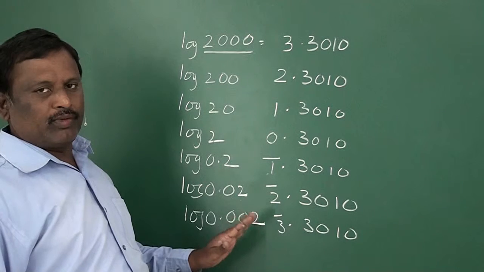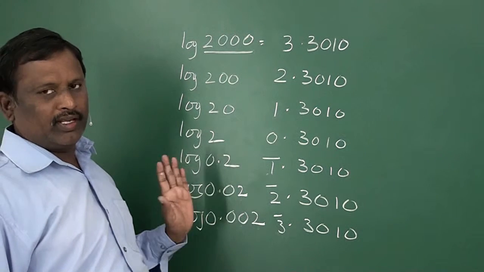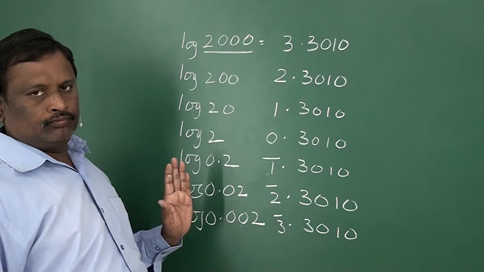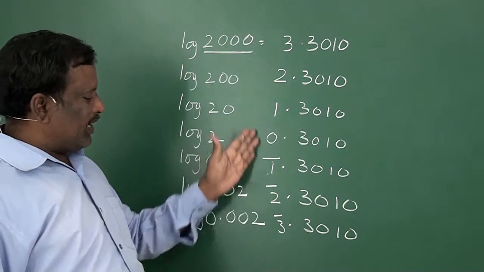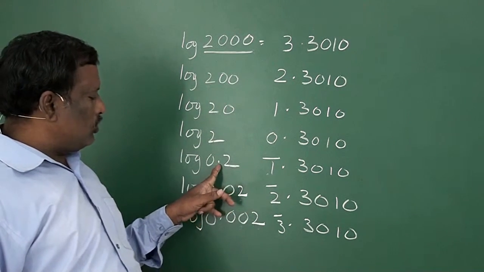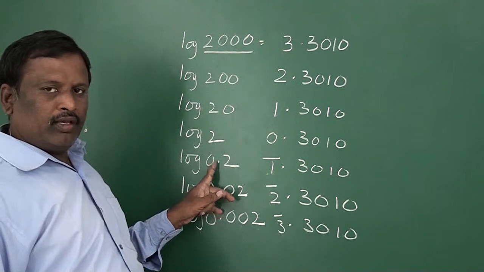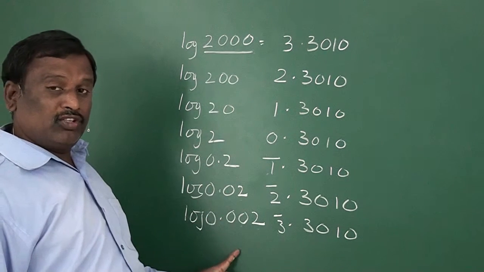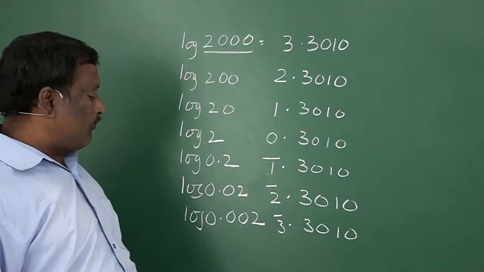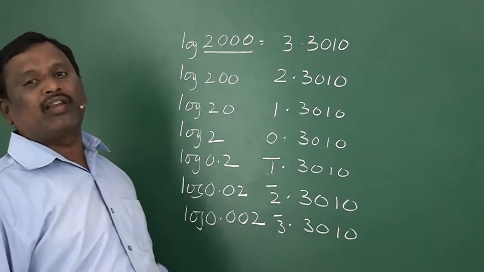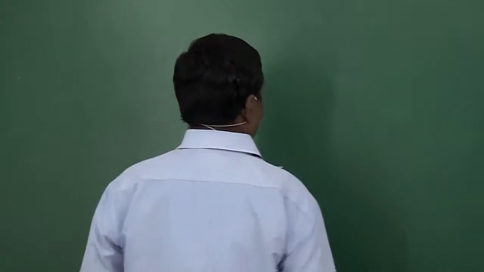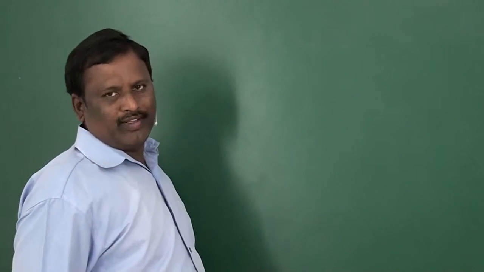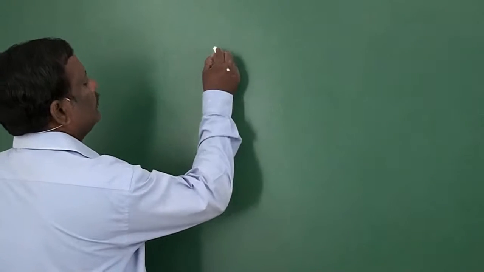This is irrespective of the value of the decimals or numericals. You should remember how to write this characteristic. If there is no zero after the decimal, bar 1. If 1 zero, bar 2. If 2 zeros, bar 3. If 3 zeros, bar 4. If 4 zeros, bar 5, and so on. Now let us do some problems in which decimals are involved.